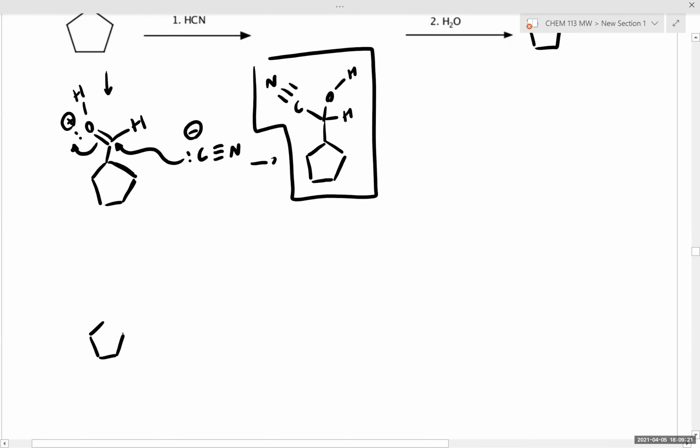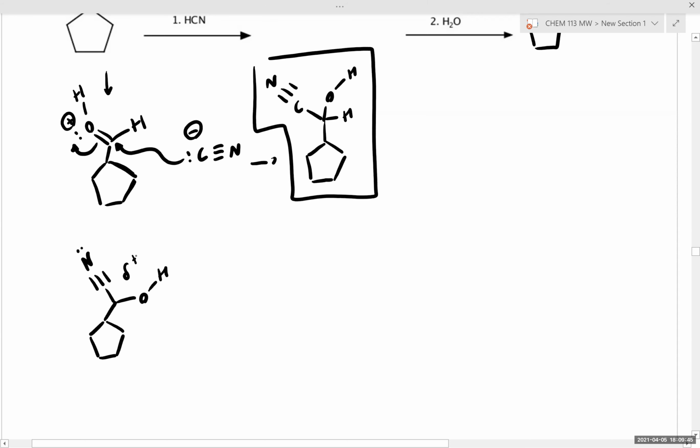So let's talk about this mechanism, and this is just sort of a brief teaser of the next chapter, which is chapter 20. So we have our nitrile. The interesting thing about nitriles is you can think of them very similar to carbonyls and imines in terms of which site is reactive.